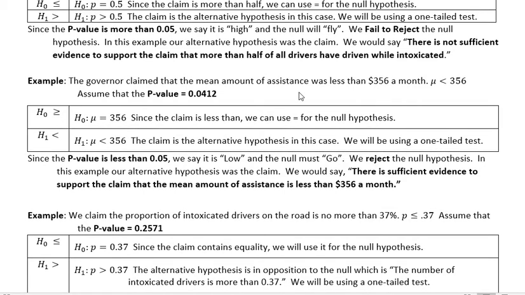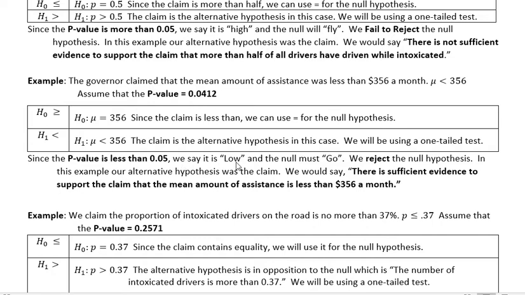Okay, the governor claimed that the mean amount of assistance was less than $356 a month. And so here's the claim in symbolic form. Assume the p-value is 0.0412. In this case, again, the claim did not have an equality piece to it, so that is our alternative hypothesis. We can see that the p-value is less than 0.05.